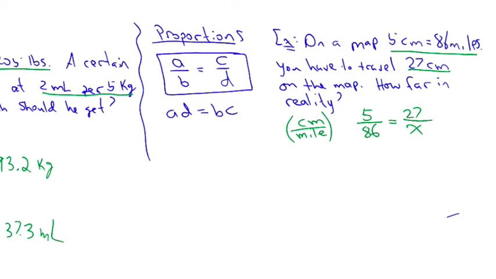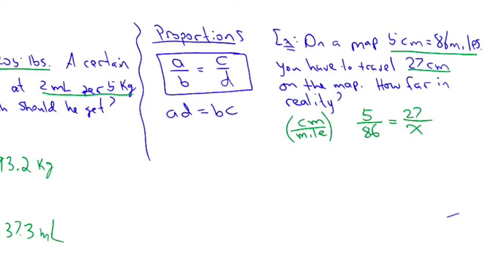Don't write the measurements, because in proportions, they get a little weird, especially when you cross multiply. This is 86 miles, and this is 27 centimeters. If you multiply it, then you get a mile centimeter, and it just gets a little weird. So proportions are probably the only place where you kind of drop things.